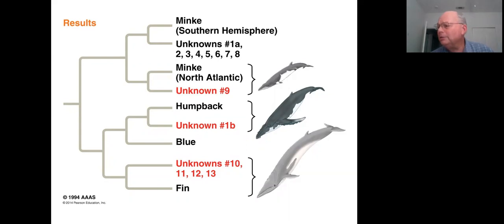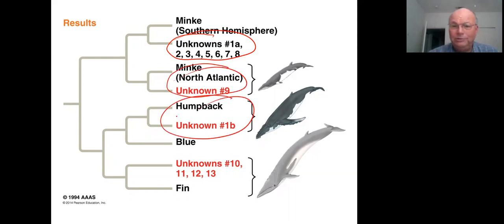So all of the whales, all the unknown meat that is taken, that is on this branch, is legal because it comes from minke populations in the southern hemisphere. But notice that there is northern hemisphere minke, there is humpbacks, and all humpbacks are off the table, both southern and northern.